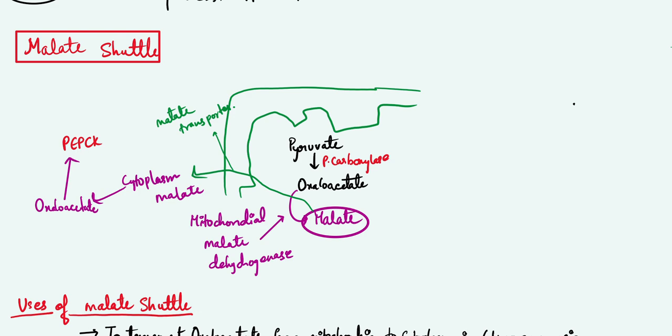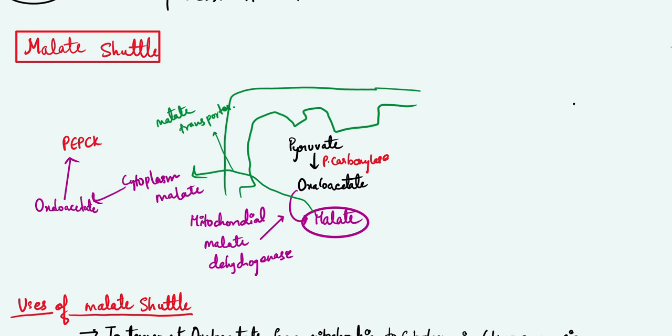This shuttle is essential because the mitochondrial inner membrane is impermeable to NADH, but NADH needs to enter the mitochondria for ATP production in oxidative phosphorylation. So that's why we need to transport the oxaloacetate from the mitochondria to the cytoplasm.